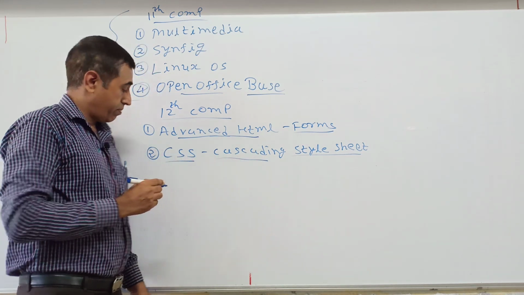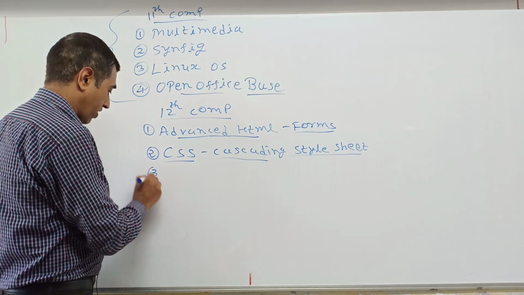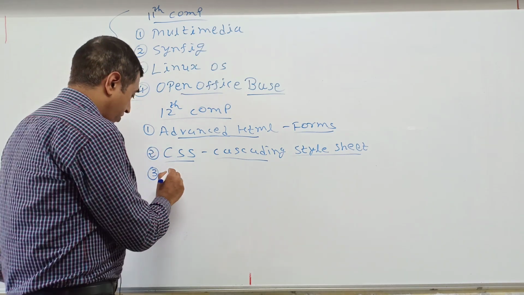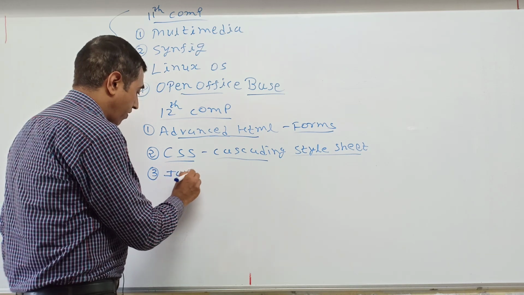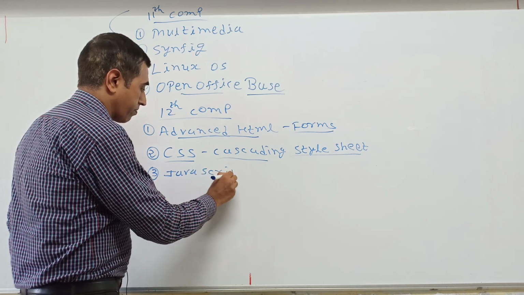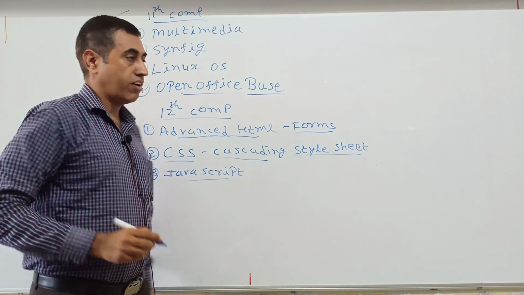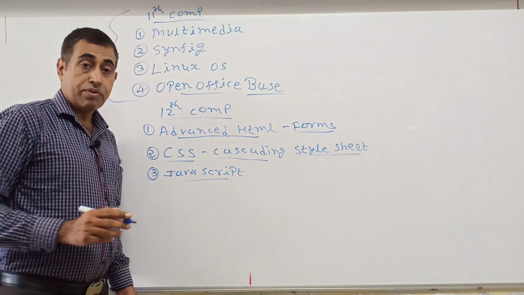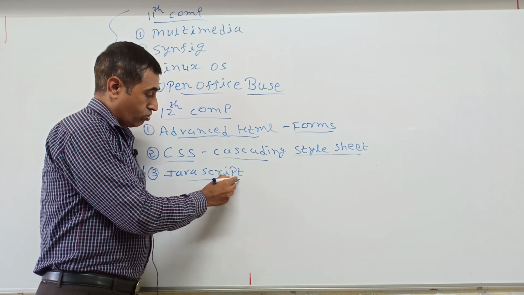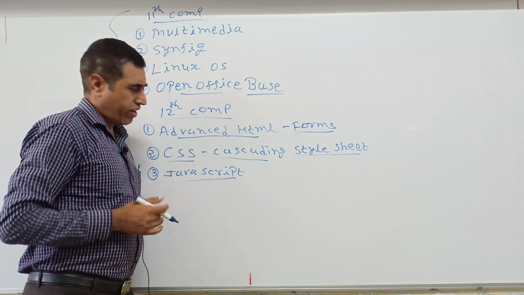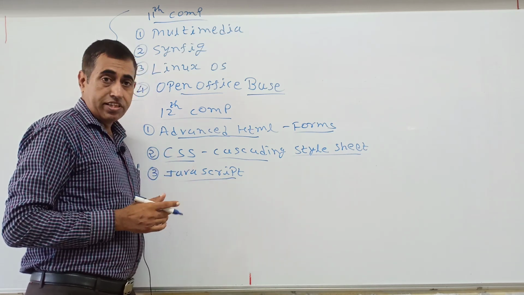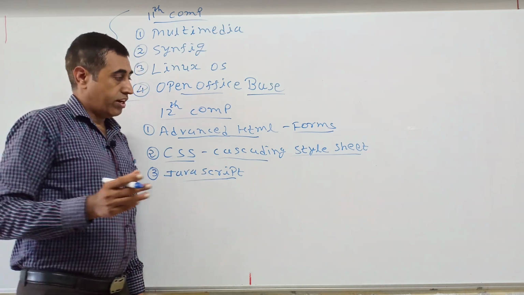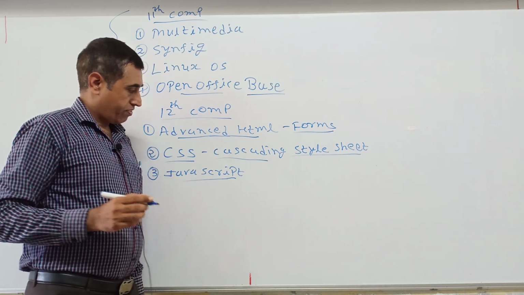So that we have to study. In 12th standard, another language that we have to study, that is JavaScript. Nowadays JavaScript is very useful to create dynamic web pages. Through JavaScript we can create very active web pages. It means whatever work you do, it shows directly reflection.